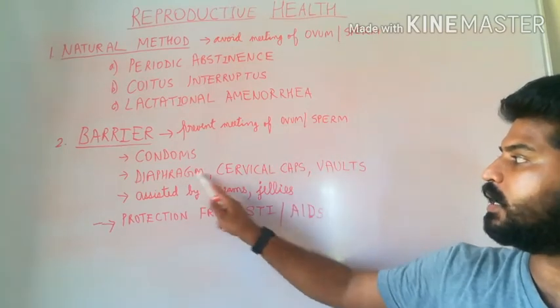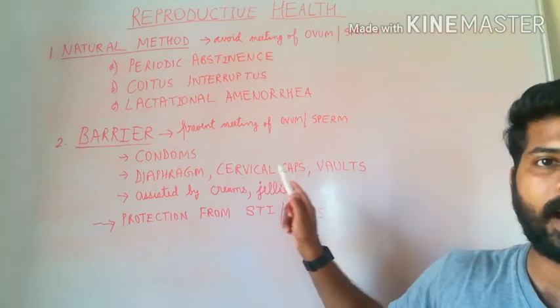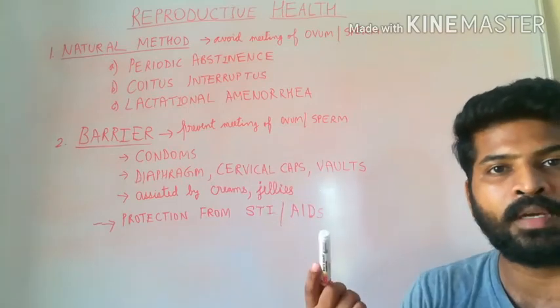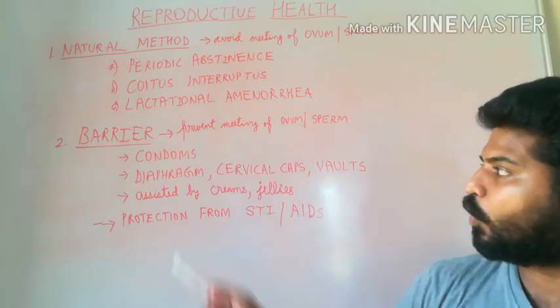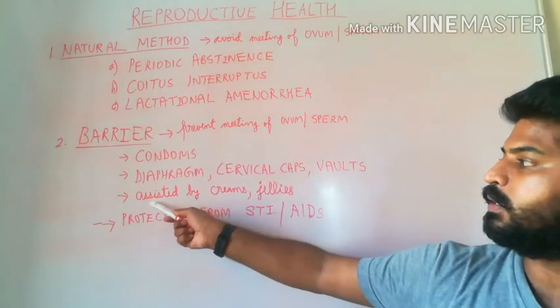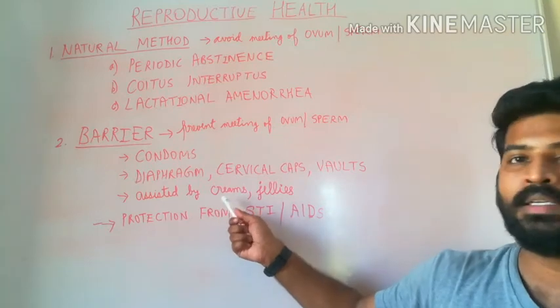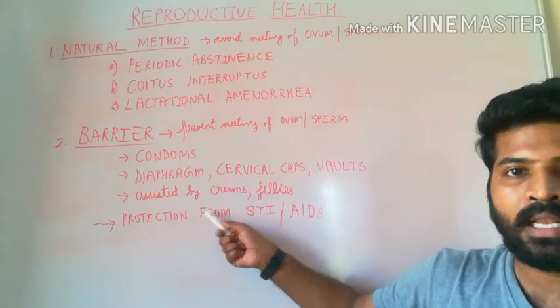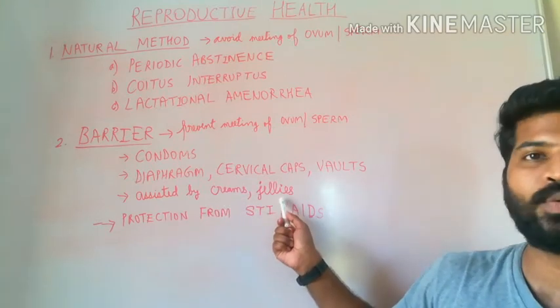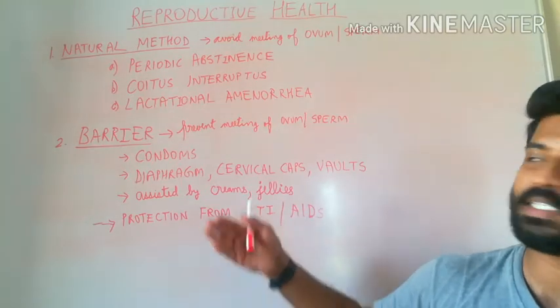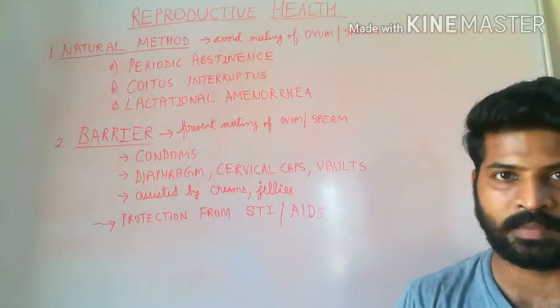As you can see, these are worn by the females and they prevent the meeting of the sperm with the ovum. They can be used along with certain spermicidal creams or jellies which will increase the efficiency of these contraceptive devices.